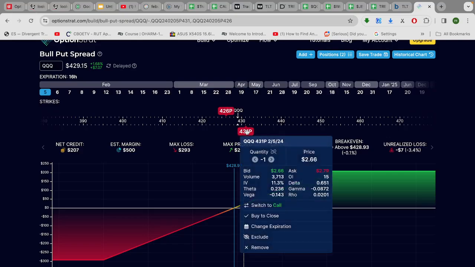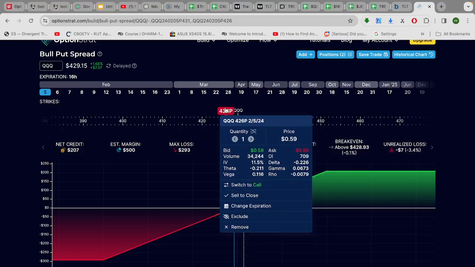But you can also look at theta. Theta is how much time premium will disappear from this option over the next one day. So that's $23. You'll make $23 in time premium on average on this option, because you sold it, and that's the theta. You earn that theta, $23.